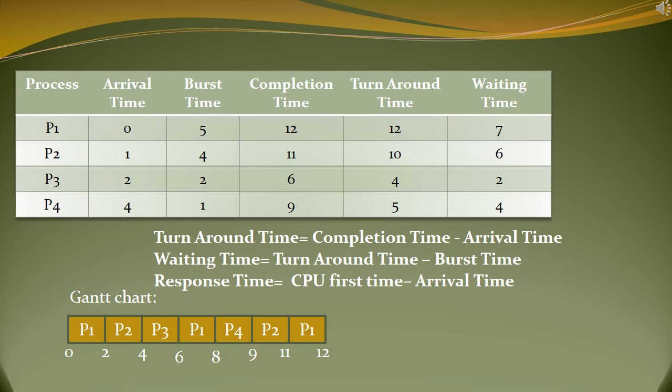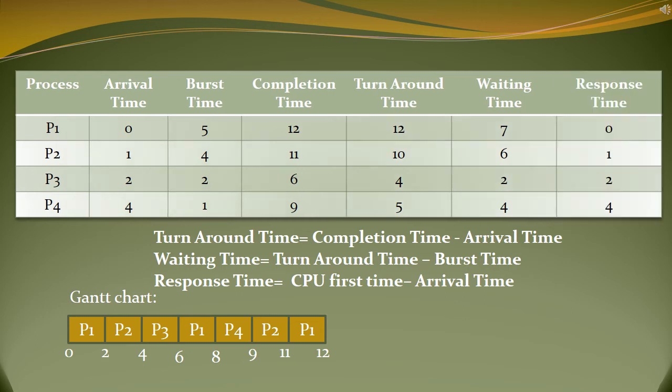To get the response time, the formula is response time equal to CPU first time minus arrival time. So as you can see, the process P1 gets the CPU for the first time at 0. So the response time for the process P1 will be 0 minus 0 equal to 0.